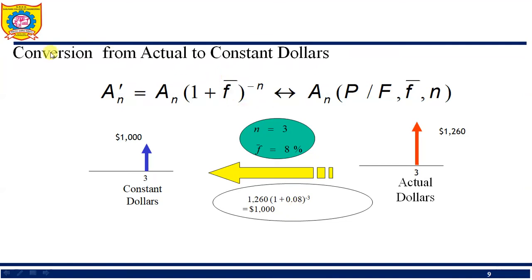This formula gives the conversion from actual dollar to constant dollar. Here the actual dollar is $1,260 for year 3, so the value of n is 3. You have to simplify this equation, then you will get the constant dollar as $1000 for the period of 3 years.